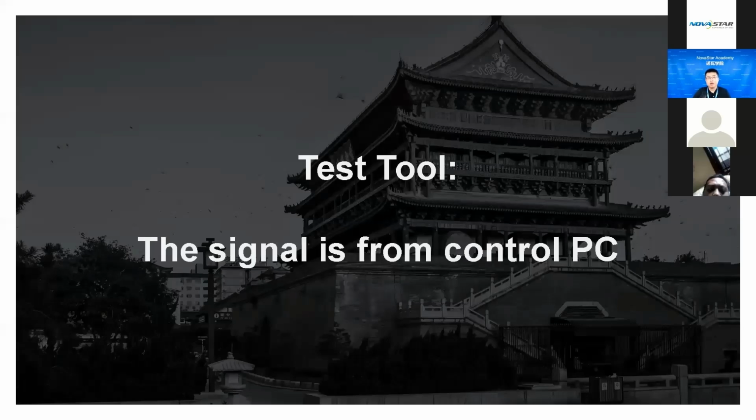For the test tool, the signal is from the control PC, from your graphic card. The test tool function is still very useful when we need to check if the LED is displaying pixel to pixel, and also to locate some abnormal cabinets or modules in the center of the LED screen.